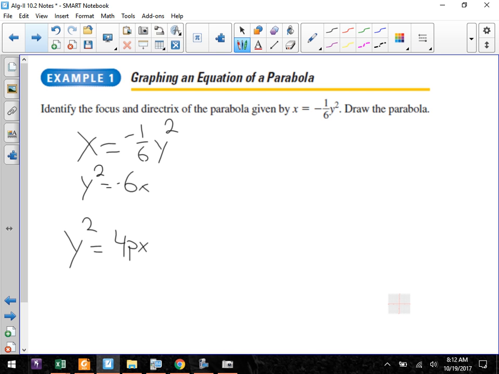So that means, what do I have to set equal to figure out p? I have to set -6 equal to 4p. So 4p equals -6, which means p is -6 over 4, otherwise known as -3 halves.